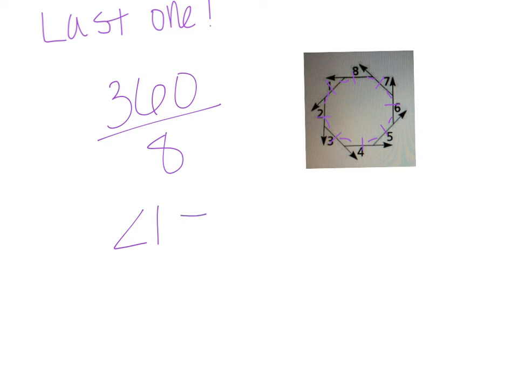They're all congruent. So if we take the sum of the exterior angles, which earlier we said is 360, and divide that by the number of sides, which in this case is 8, that would allow us to get the number of degrees that each angle is. So in this case, angle 1 would be 45 degrees, as well as angles 2, 3, 4, 5, 6, 7, and 8. They would all be 45 degrees.